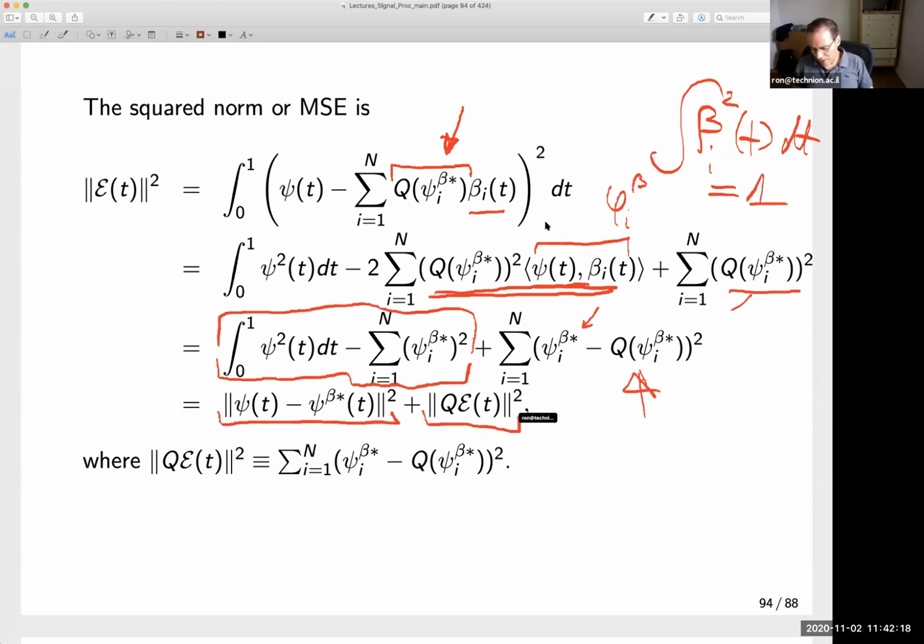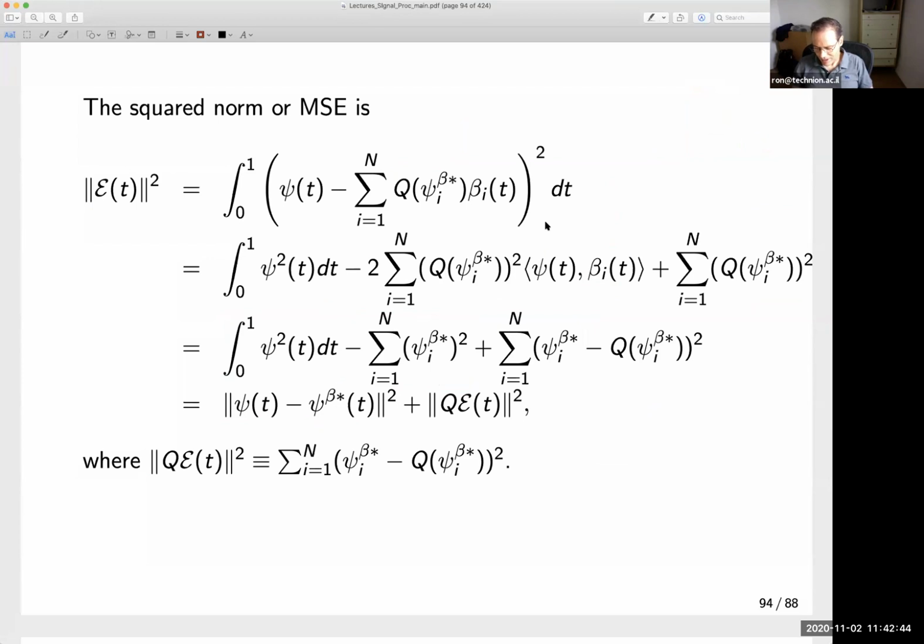So indeed, when I do my quantization properly, the total squared error is equal to the square of the projection onto the betas, plus the error contributed by the quantization. Okay, and this is a really nice property, because if they are unrelated, we can optimize each of them separately. Obviously, we first have to optimize with respect to the first, and then with respect to the second.